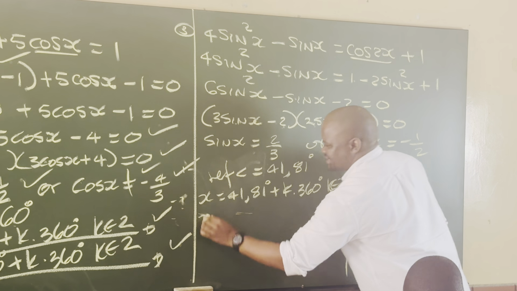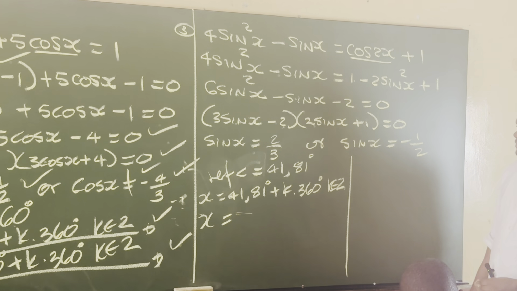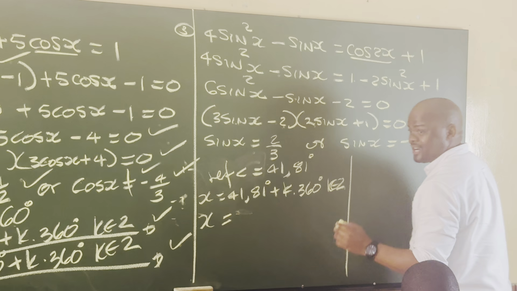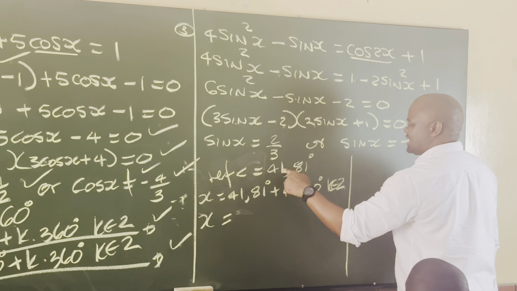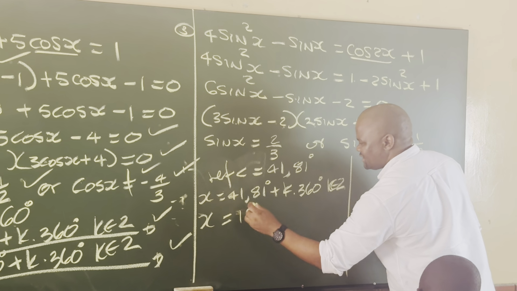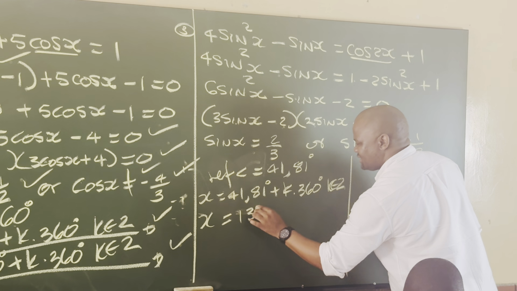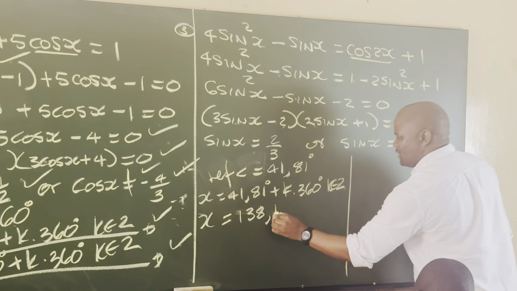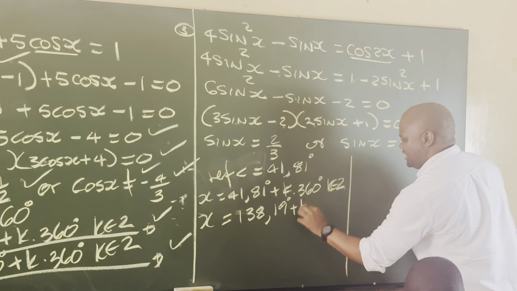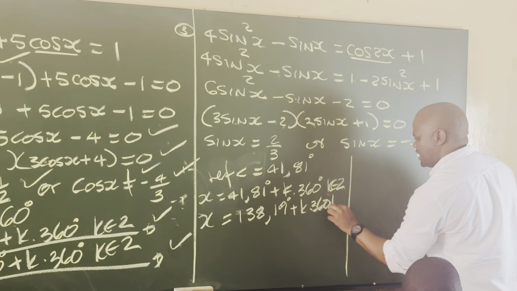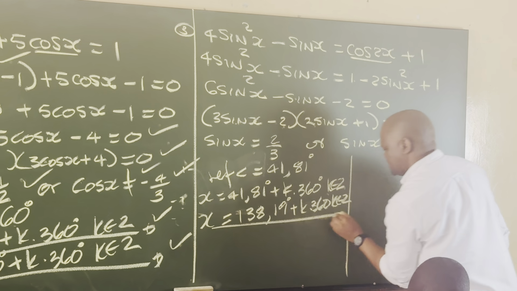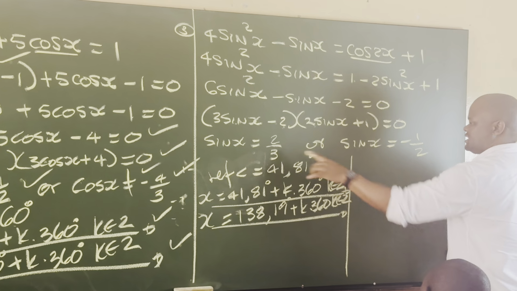And then our second solution will be, because it's in the second quadrant, 180 minus this, so you are getting 138,19 plus k times 360, where k is an element of integer. So these are the two solutions we are getting from that branch.